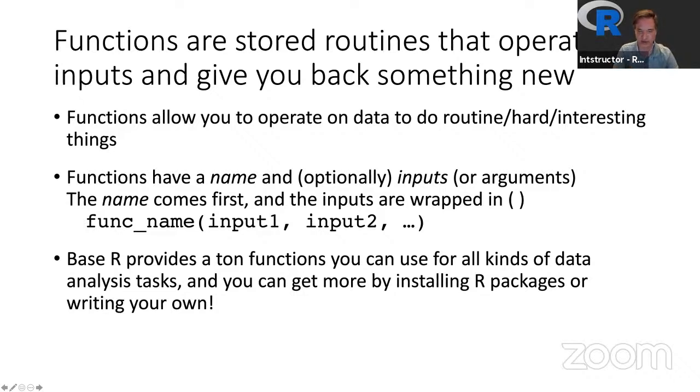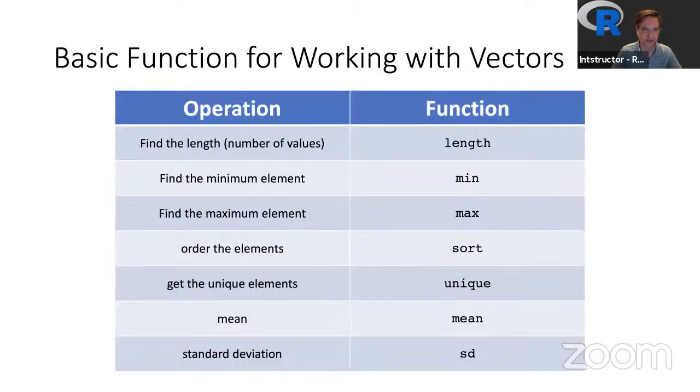For example, there are R packages designed for mass spectrometry, such as packages that Olga and her team developed for working with mass spec data. Those packages provide new functions for very mass spec specific operations that are really useful to have without you having to write all the complex code and mathematics to get those things done. So functions are really, really useful, a fundamental part of doing any kind of work with data.